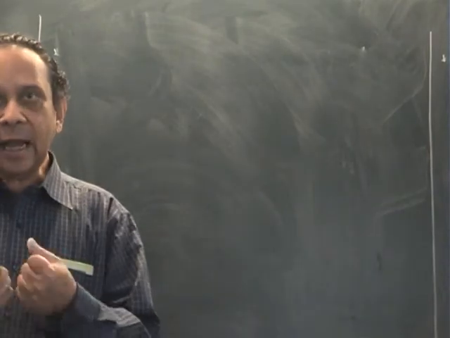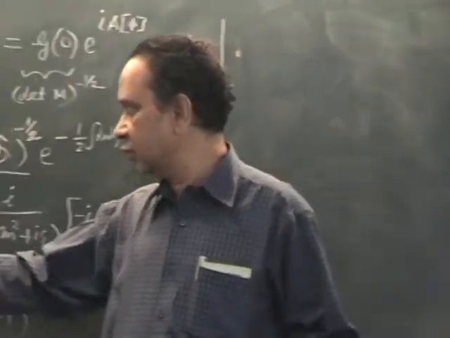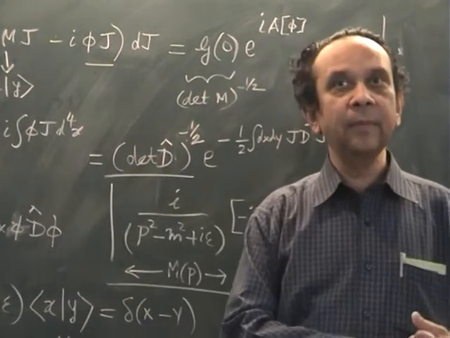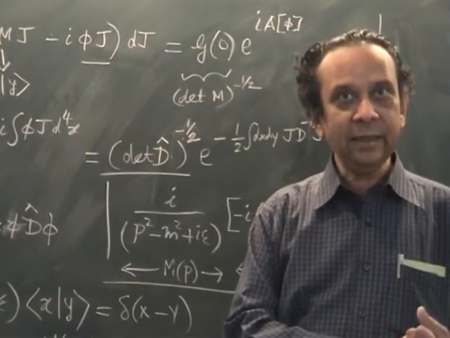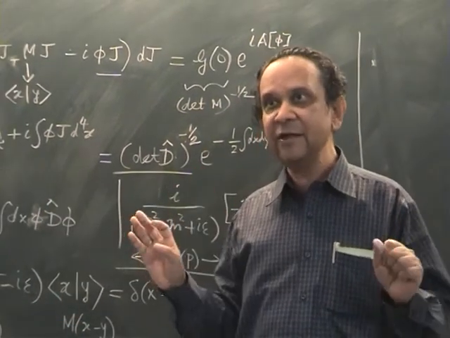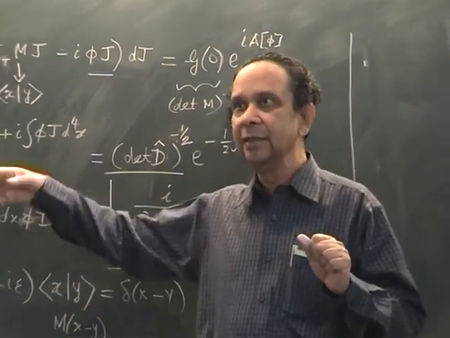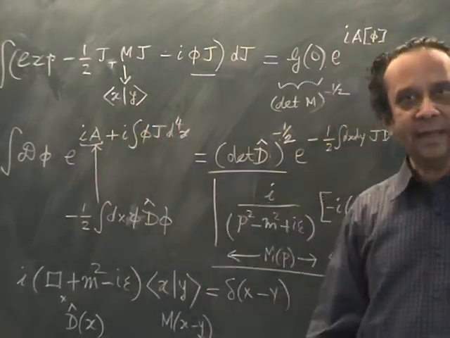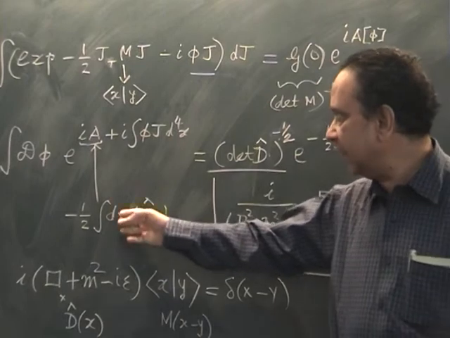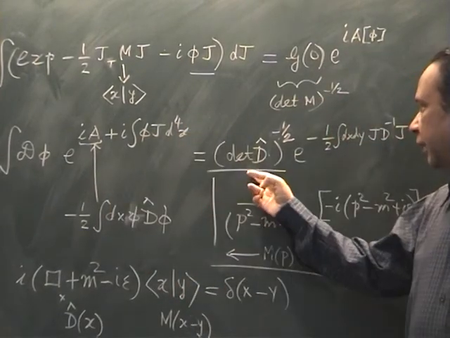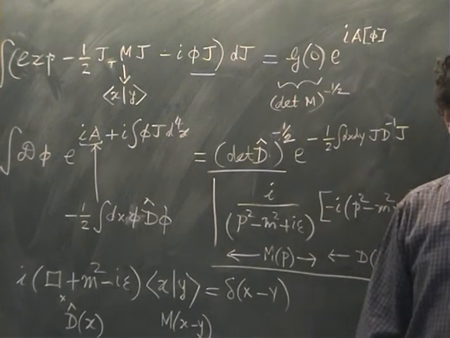So if I take an action which is of this quadratic nature, and I do this sum over all phi, which is a functional integral over all phi, which we have never bothered to define precisely, but it is just an idea that we can eventually discretize everything and work with that. So if you take that functional integral with no J, you are going to end up getting this quantity. Okay?